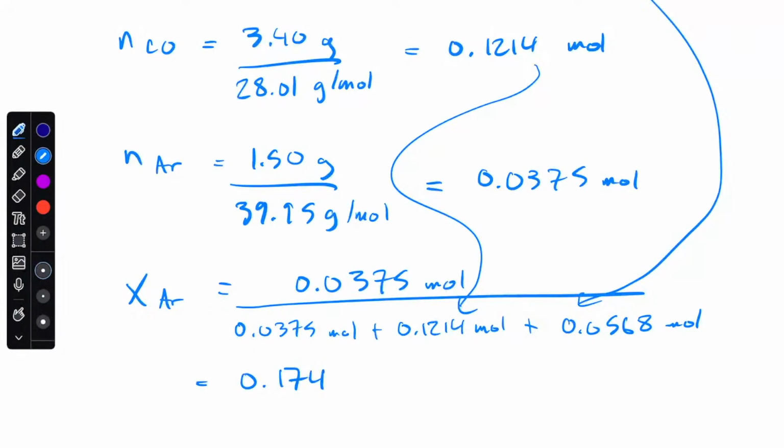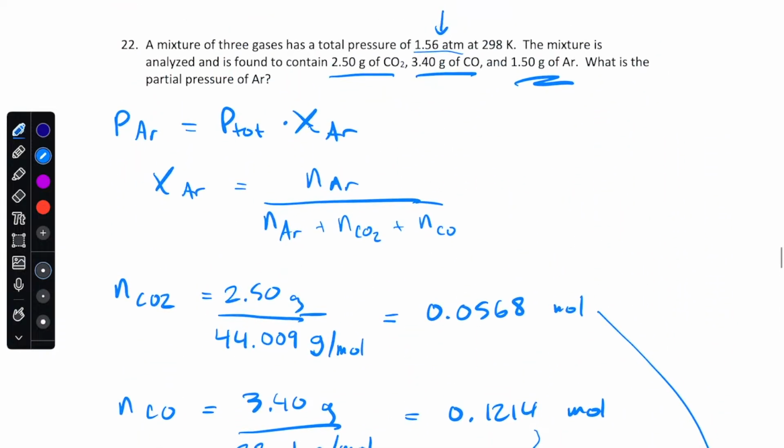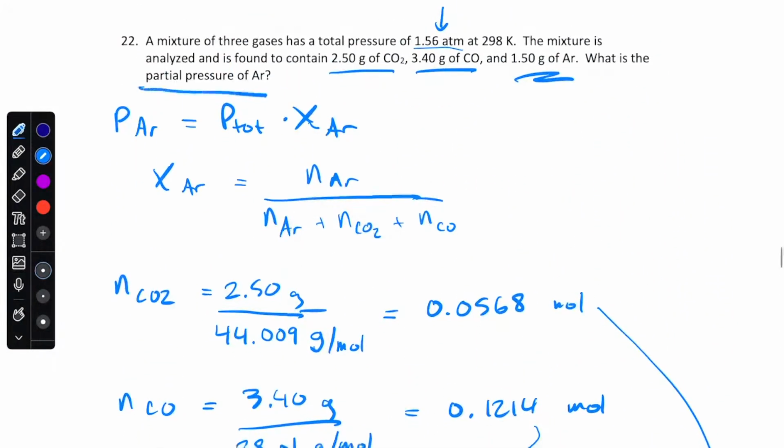So when you do a long calculation like this, where you get a number like this and you feel a sense of finality, and you want to type that number in, but you got to think about what the question's asking you for. It doesn't want the mole fraction of argon. It wants the partial pressure of argon, right? What is the partial pressure of argon?